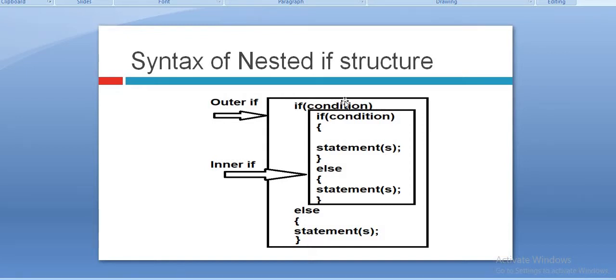If this is true, then this block of code can be executed. Just assume this complete block as a single statement. If the condition becomes true, then this statement will be executed. Otherwise, this statement will be executed.